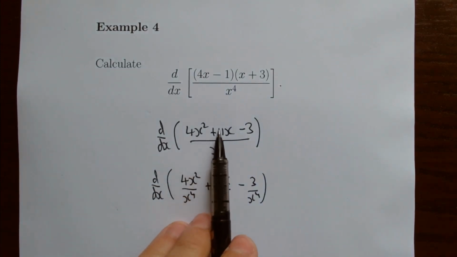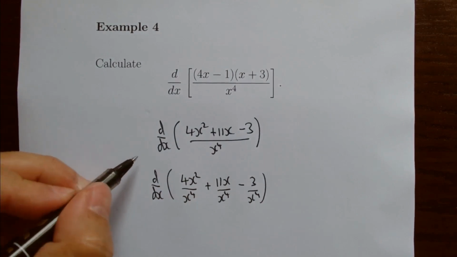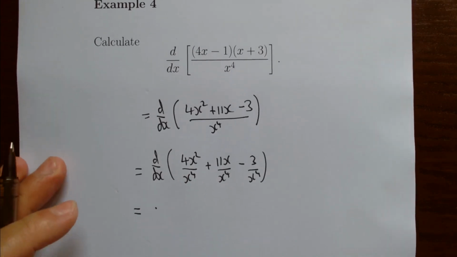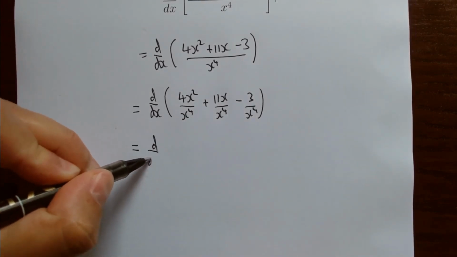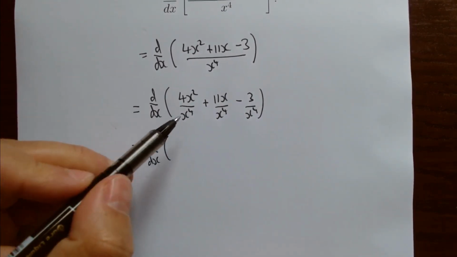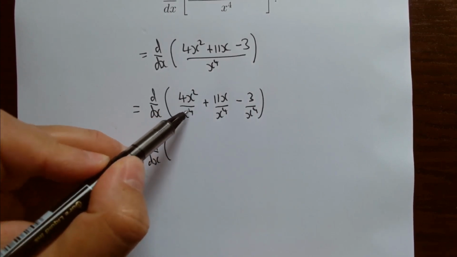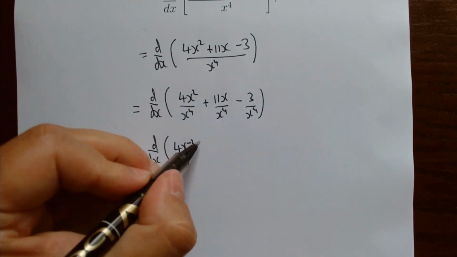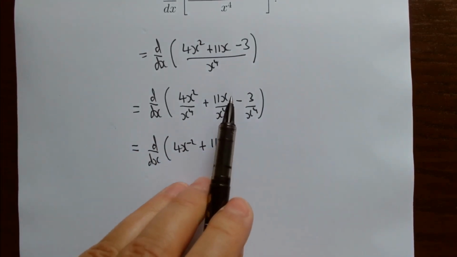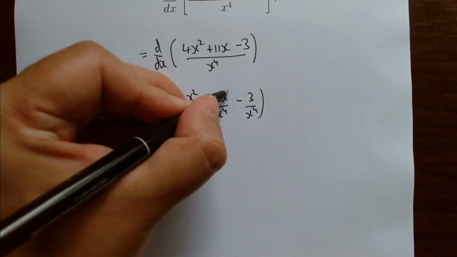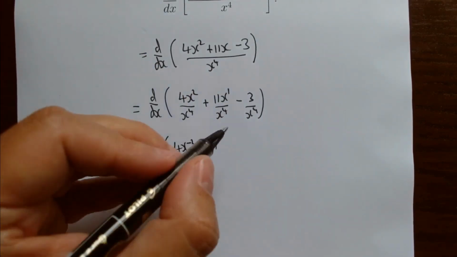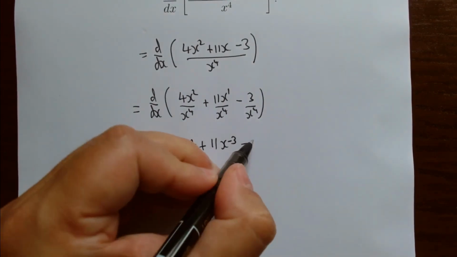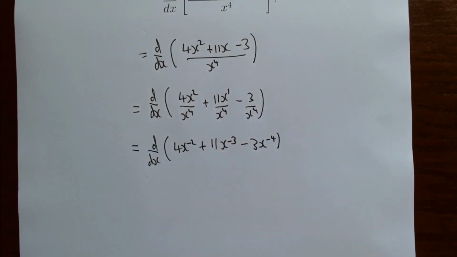So here we've just split up the fraction into this, and now we can simplify each term. So you minus the indices. 2 minus 4 is minus 2, so 4x to the minus 2. This is 11, and there's a 1 there. I'll put the 1 in. So 1 minus 4 is minus 3. This is 3x to the minus 4.